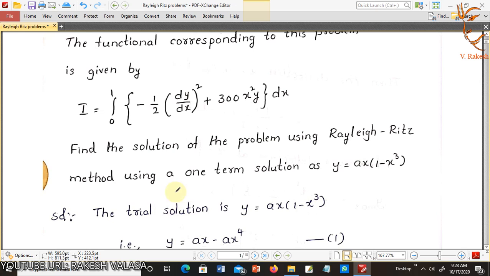In the given problem, the trial function is also given, that is y equal to ax into 1 minus x cube. If the trial function is not given, you can take a polynomial series, that is y equal to a0 plus a1x plus a2x square plus a3x cube plus a4x power 4 and so on.